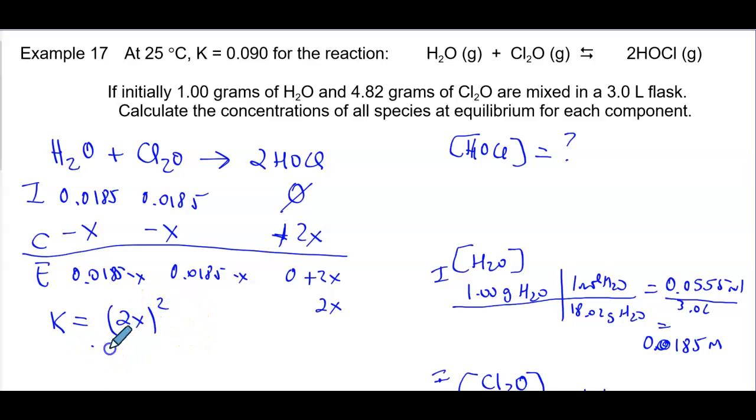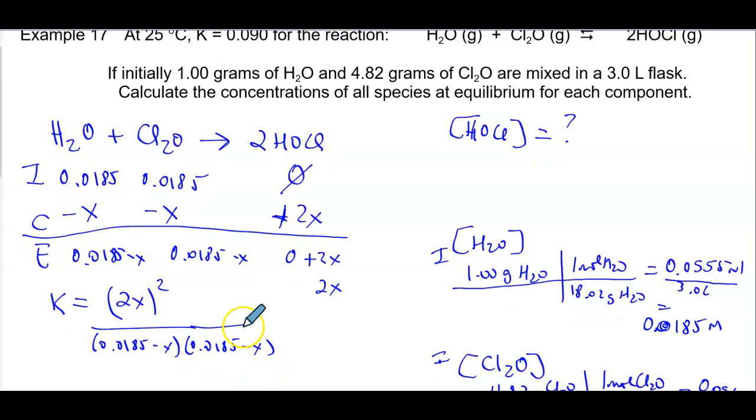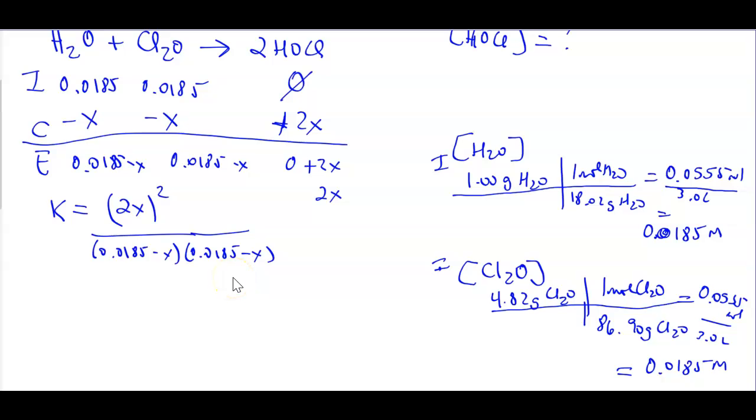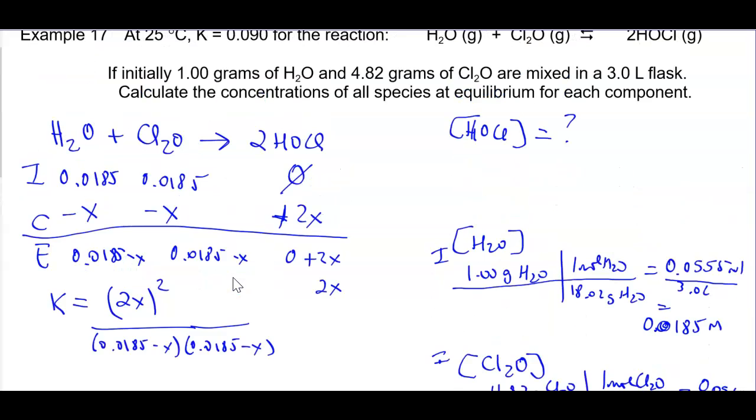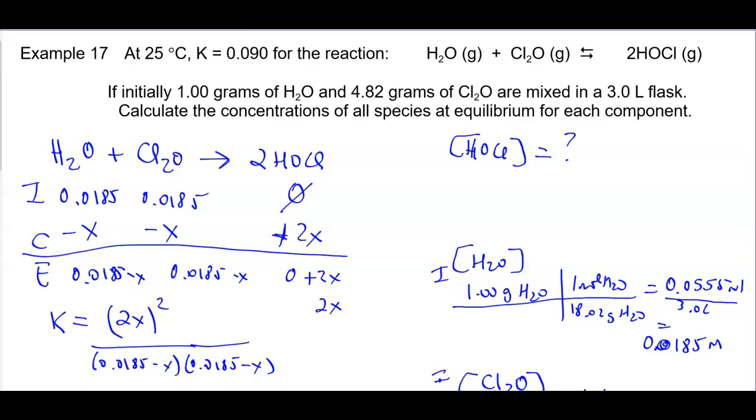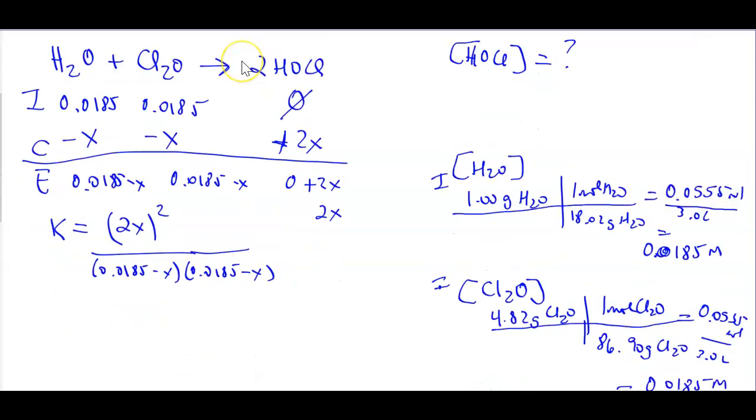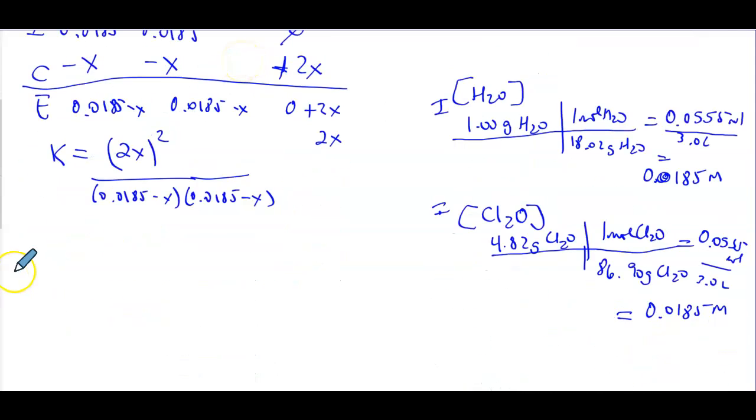We're going to square that over 0.0185 minus x, and then the next one is 0.0185 minus x. So hopefully you're seeing a pattern to this. And let's go back up. We knew the value of K up here. The value of K was given to us.